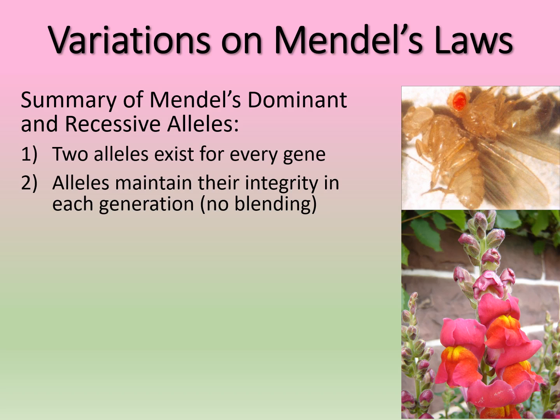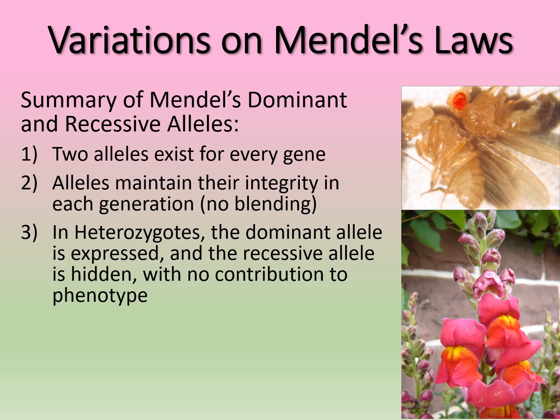So that could be a variation. And when we talk about those heterozygotes, it's always the dominant allele that is expressed and the recessive allele that's hidden, meaning that the phenotype is always going to express that dominant allele. And so that may not be the case as well when we get into these variations.